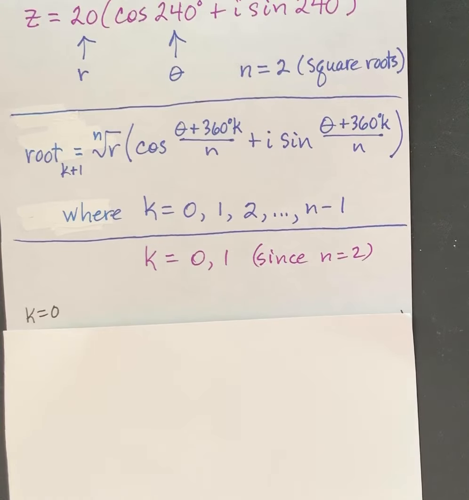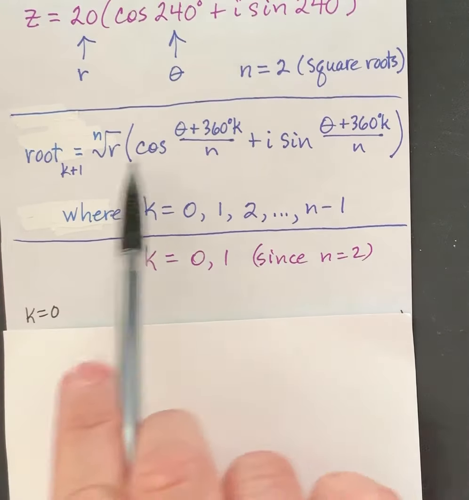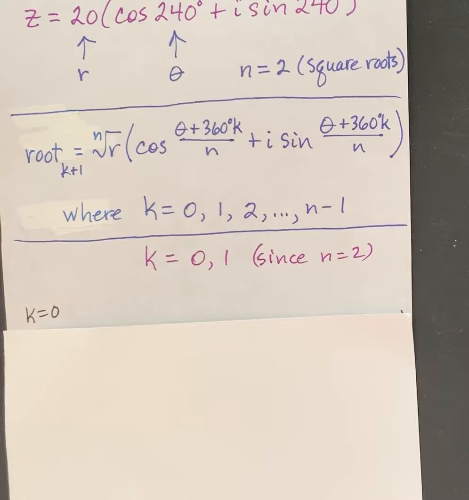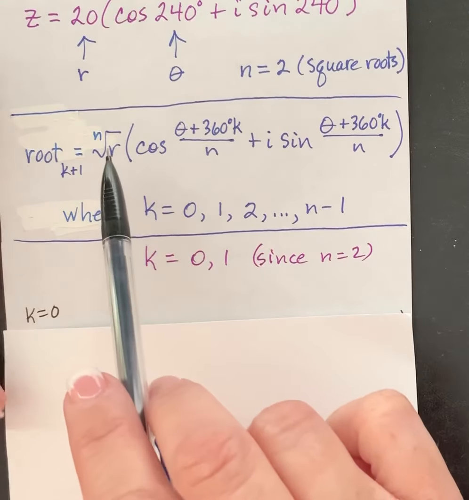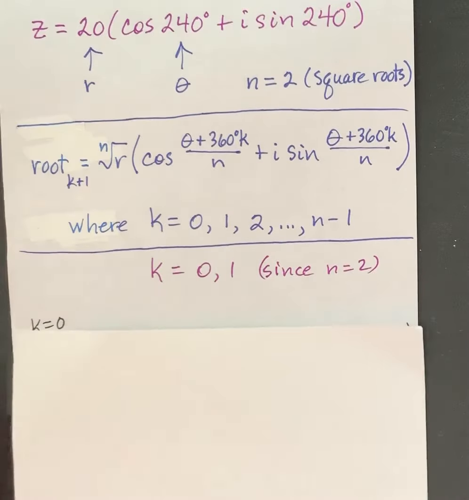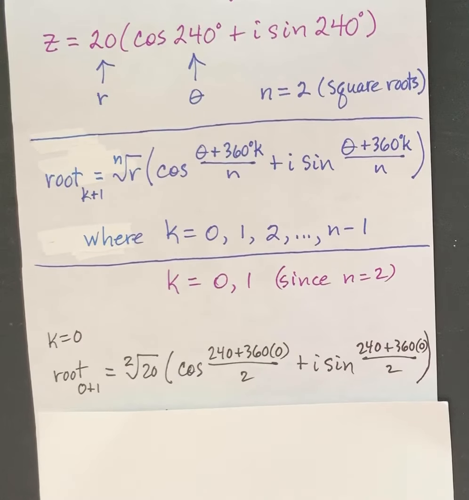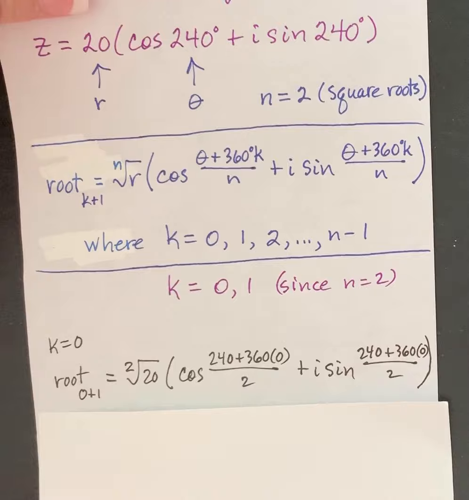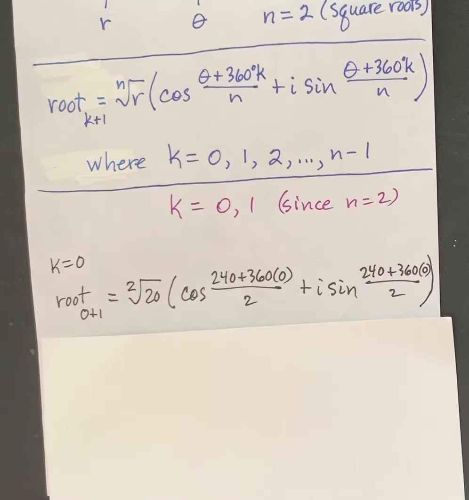Okay, so first we're going to take k equals 0 and substitute it into this formula, also using the values r equals 20 and theta equals 240. It's kind of messy looking, but you'll have root 0 plus 1, so that's really the first root.